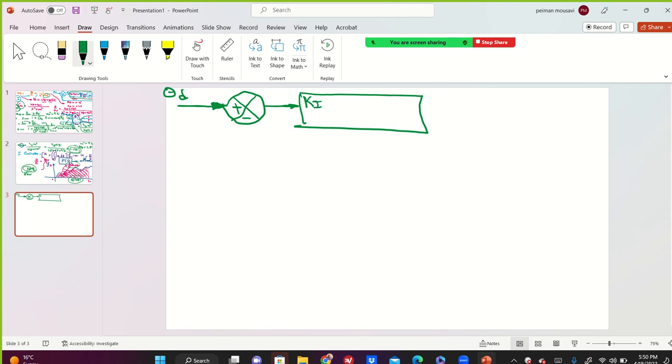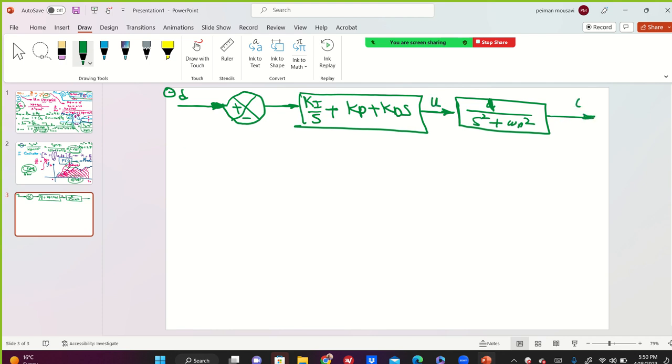Ki over S plus Kp proportional plus Kd S goes to omega n over S square plus omega n square. This is U, this is theta, this is what goes out.